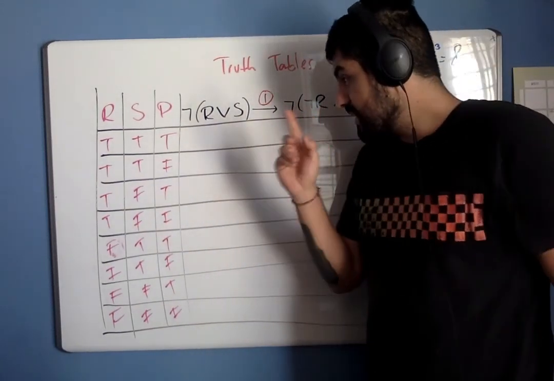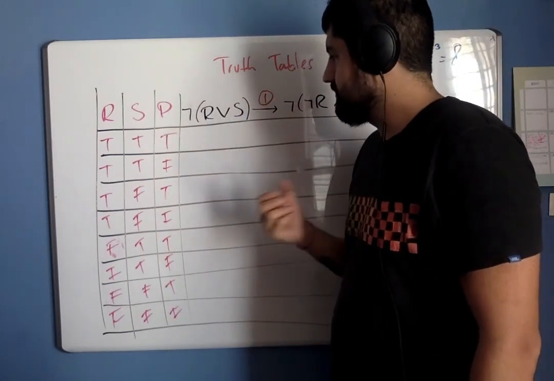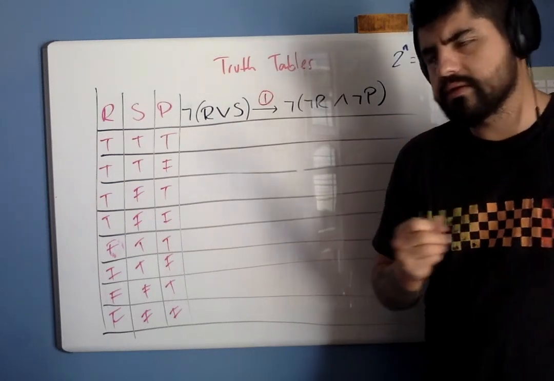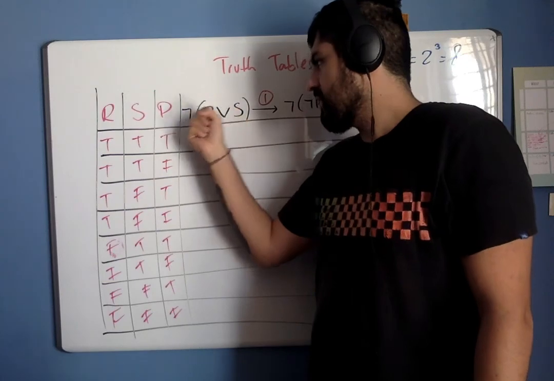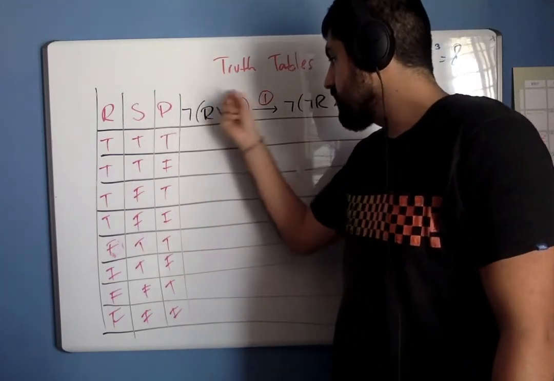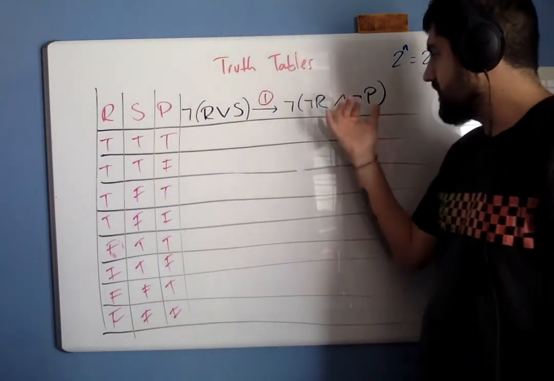Now, this is really important. For this expression, which one is the most important logical connective? The inclusive disjunction or the negation? The negation, because the negation needs the solution of the inclusive disjunction. The same happens in this one.